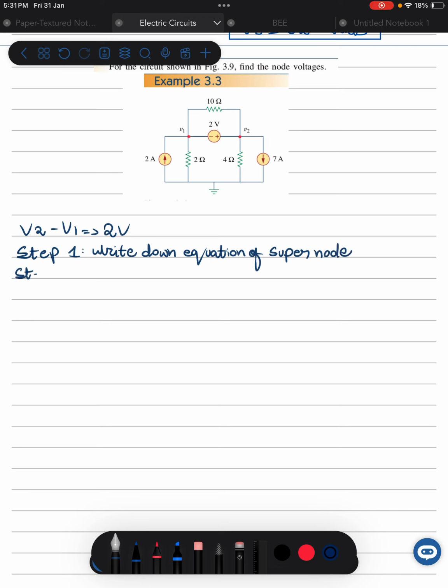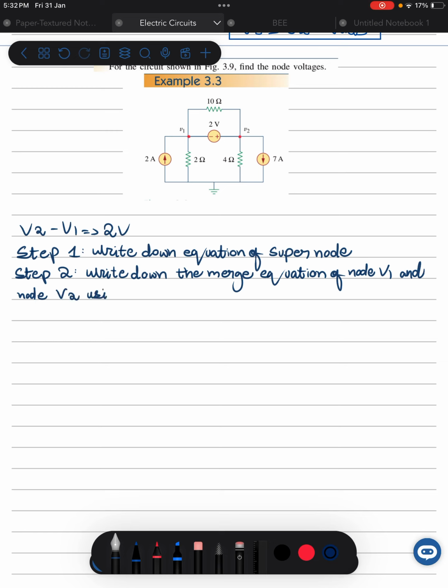Step number 2 is to write down the merged equation of node V1 and node V2 using KCL.